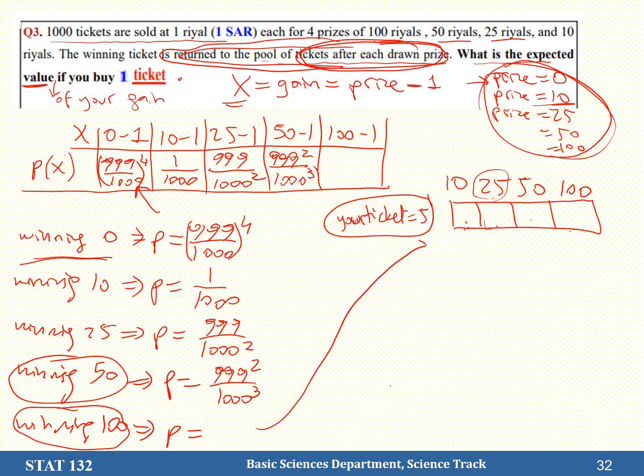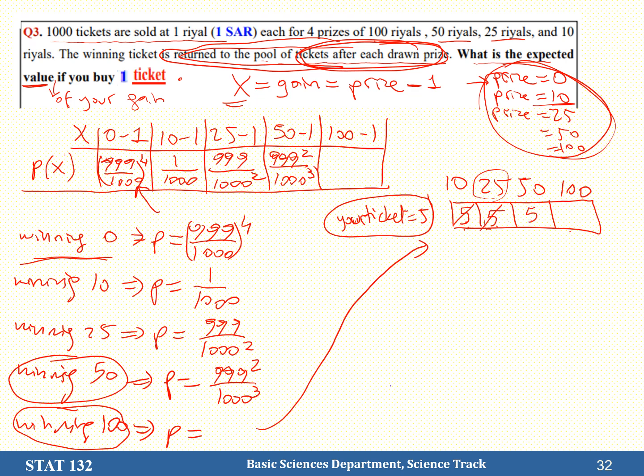It means you shouldn't have 5 in the first drawings, because if the first drawing is 5, you get 10 real and leave. You don't wait for 100.